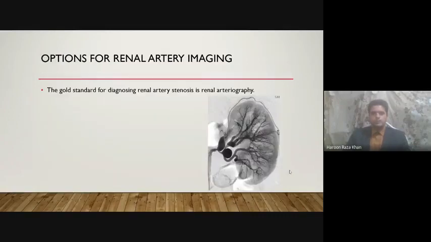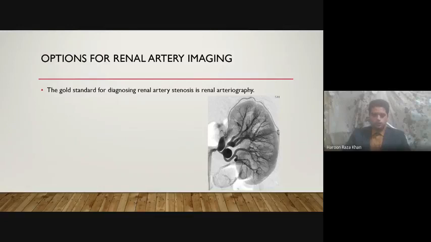Now, this is renal imaging done to identify pathologies, and it is the gold standard for diagnosing renal artery stenosis. And this is renal arteriography. This requires cannulation of the femoral artery usually, and there is less invasive imaging, MR or CT angiography or Doppler ultrasonography.